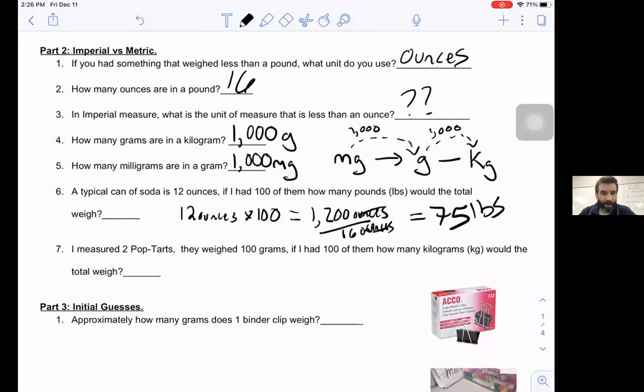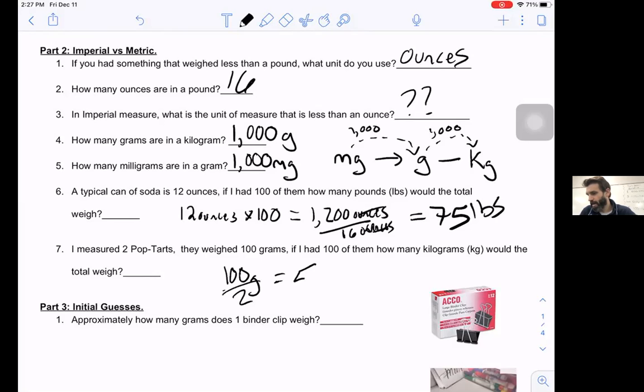So another way is the metric system. If I measured 2 Pop-Tarts and they weighed 100 grams, if I had 100 of them, how many kilograms? All right, well, 2 Pop-Tarts are 100 grams. And if I had 100 Pop-Tarts, I guess 100 grams per 2. So each one divided by 2.